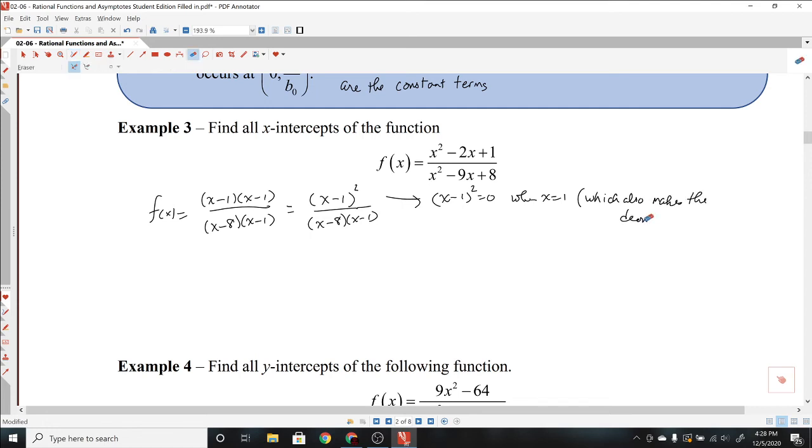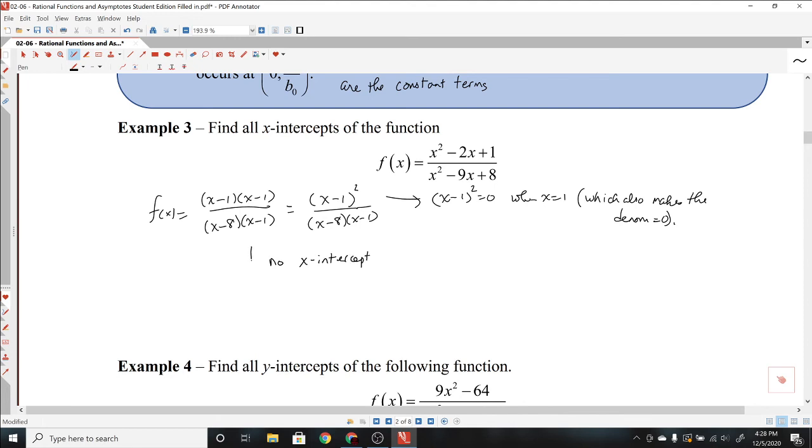So we can't have that. All right. So in this case, because there's no value that makes the numerator 0 but doesn't make the denominator 0, then we would say there's no x-intercepts.